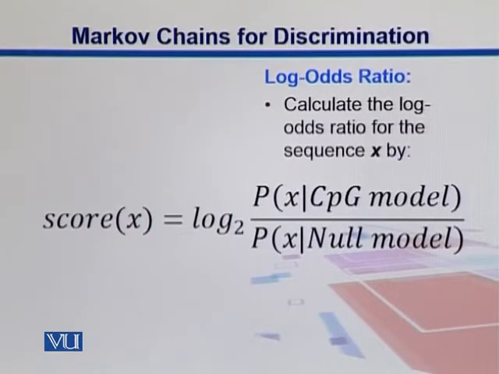So we are taking those numbers into those powers of 2. So we take the probability of seeing that X in the CpG model versus X in the null model. For example, a probability of G following a C in the top model versus the negative model, and whatever answer we get, we convert it into log 2.